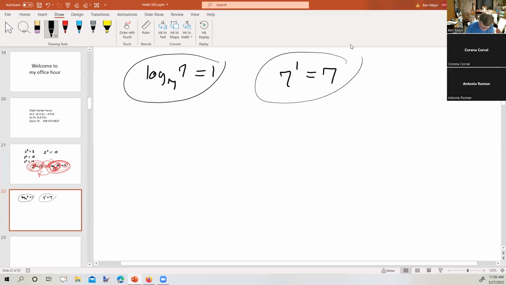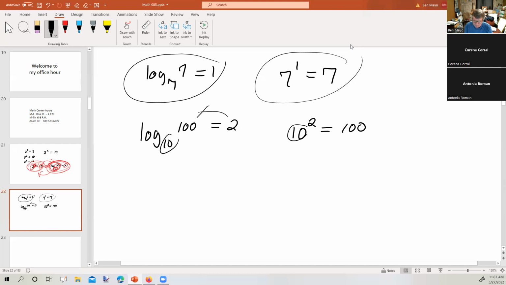Let's look at another one. Log base 10 of 100 equals 2. So the exponential equation would be 10 squared equals 100. The bases are the same. The other two numbers change locations.